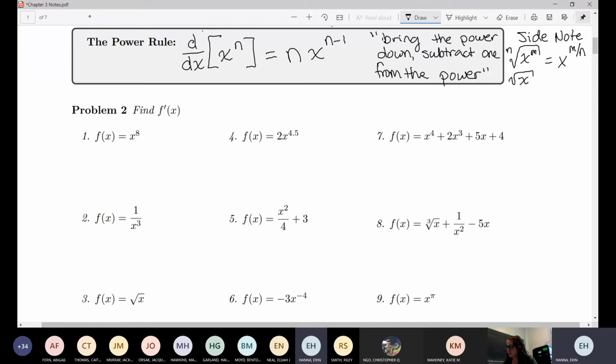So the square root of x will be x to the 1/2. The cube root of x will be x to the 1/3. And the other thing is if you have 1 over x to some power, this will be equal to x to the negative of that power. So those two exponential rules are going to come into play a lot when we're doing these derivatives.